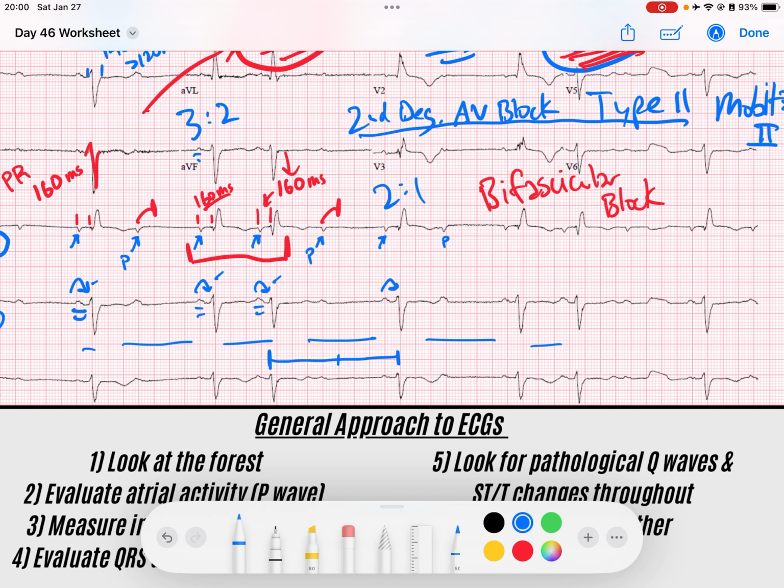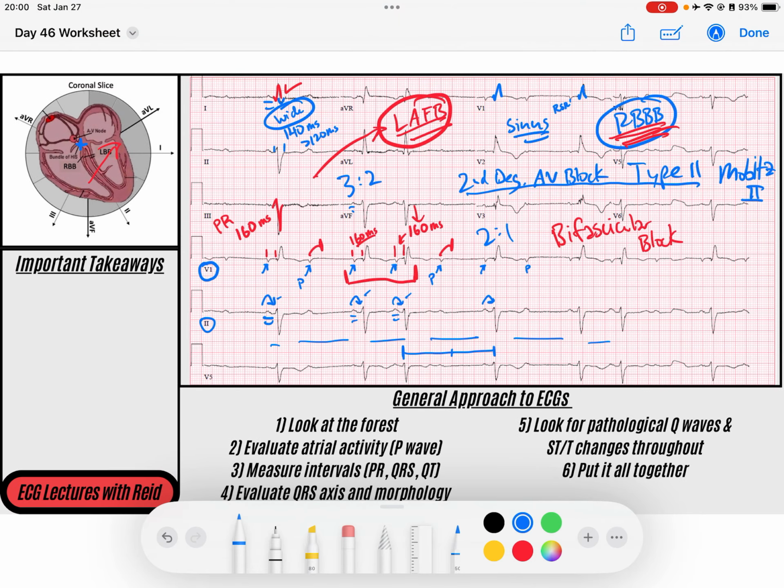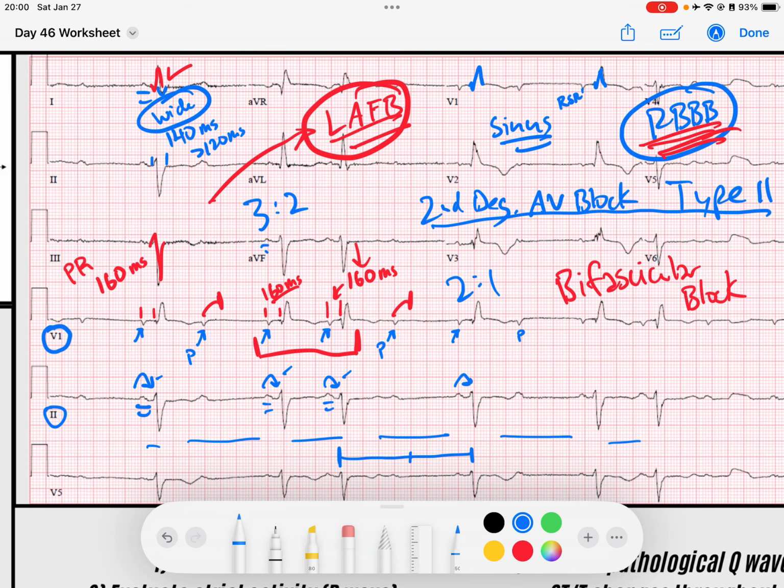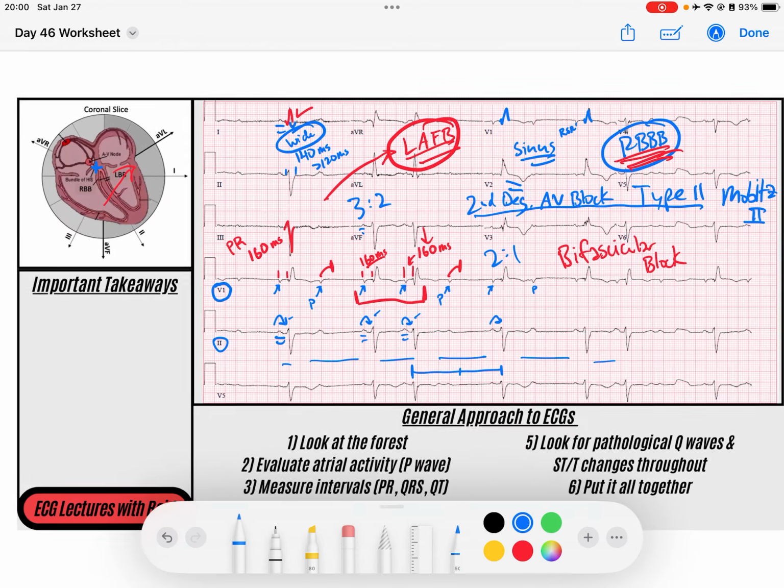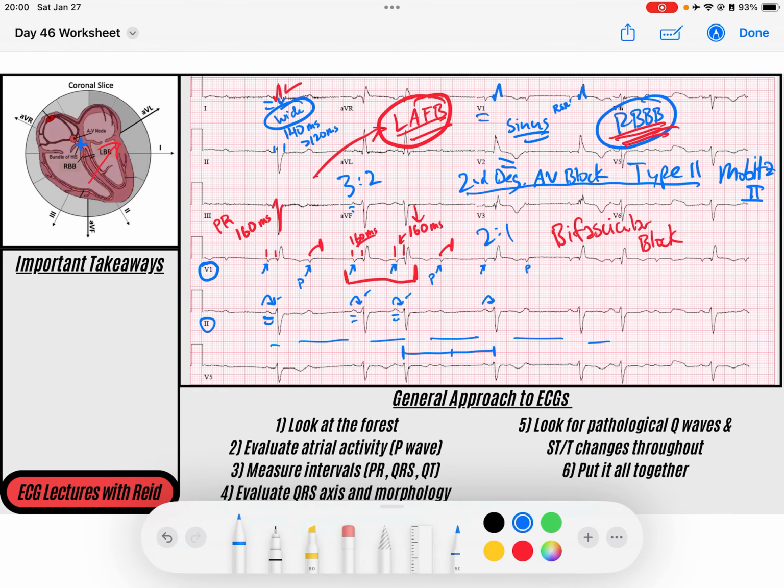And I don't think I've got a long QT. So my QT looks good. I look for pathological Q waves. I don't see any. I look for ST or T wave abnormalities that are scary. I don't see any. I see some normal repolarization abnormalities that are occurring here in the anterior chest leads V1, V2 from that right bundle branch block. And so we get a little bit of repolarization abnormalities, but it's nothing out of the ordinary.